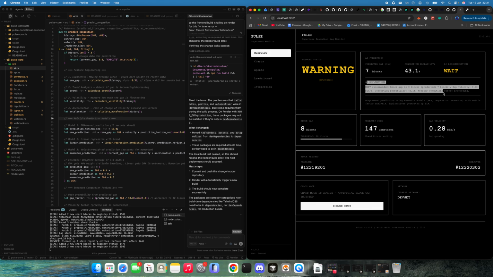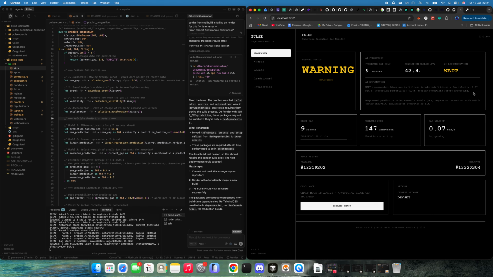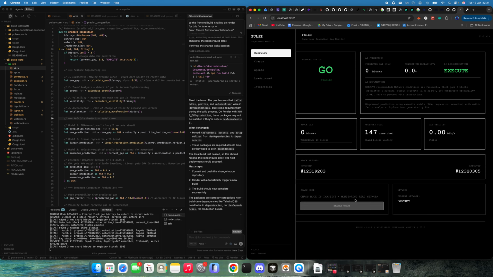And the AI here tries to explain in simple terms what this means. If you disable it, it switches back to pulling data directly from DevNet, and just telling you exactly what's going on.